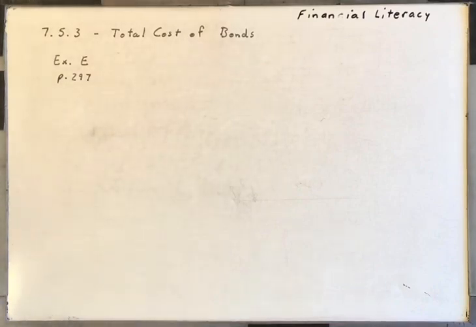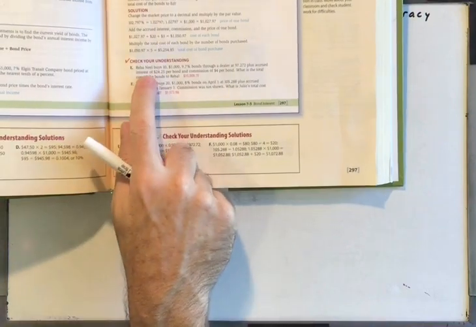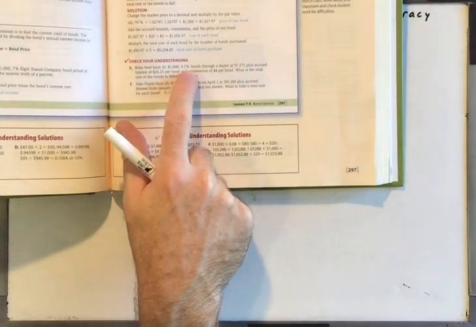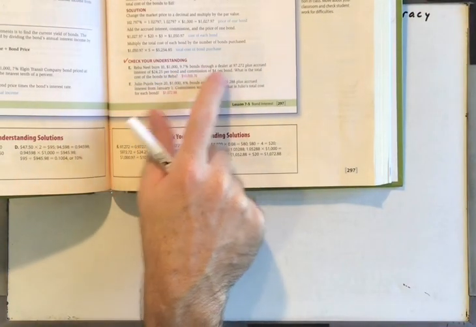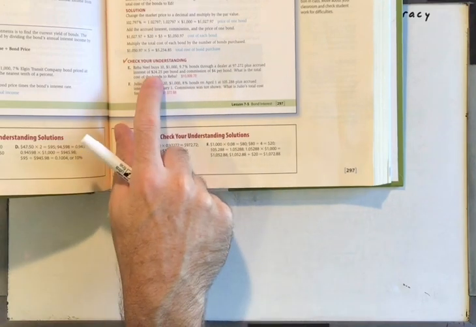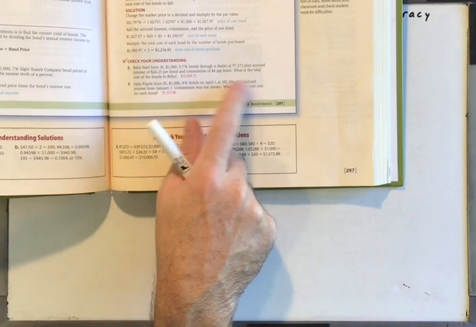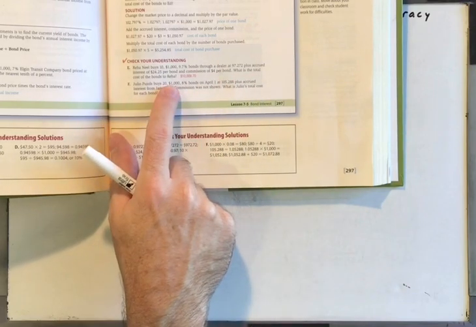So let me pull that one into view. The bottom of 297 says Reba Neal buys $10,000 9.7% bonds through a dealer at 97.272. So that's selling at a discount, less than 100, plus accrued interest of $24.25 per bond and commission of $4 a bond. What's the total cost of the bonds to Reba?